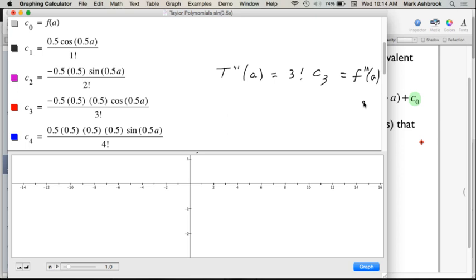So what does that make C3 equal to? I'm basically solving for C3. What should I make it? The third derivative at a, divided by 3 factorial.